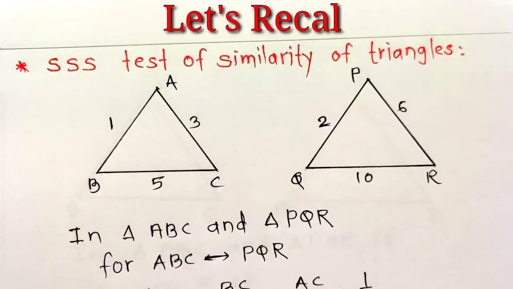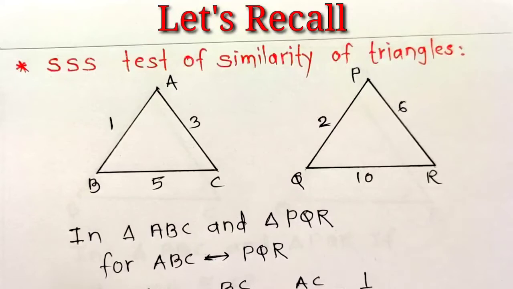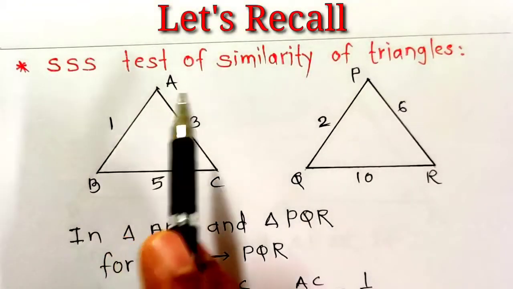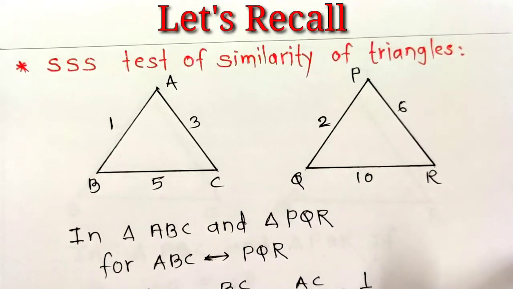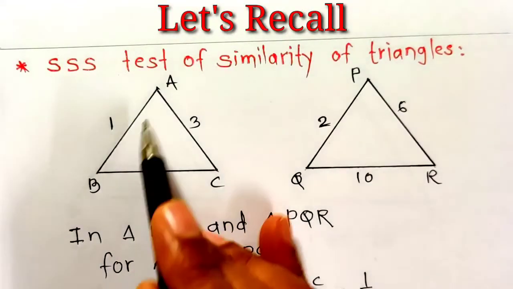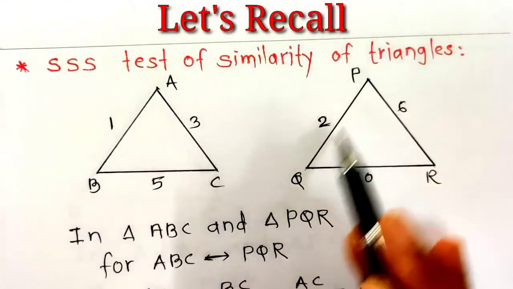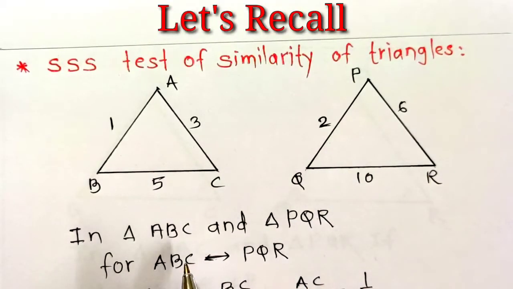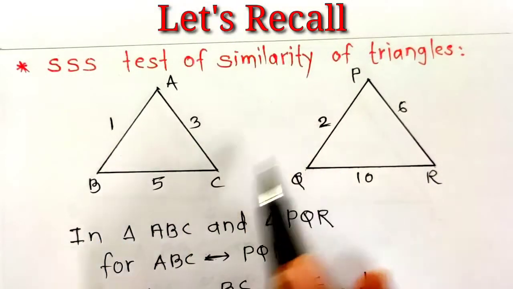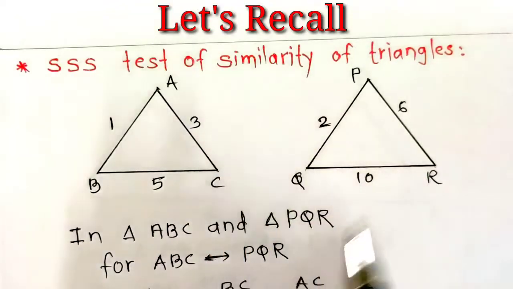Now let us see the third test or last concept, that is SSS test of similarity. That is so easy. Here in triangle ABC and triangle PQR, the length of sides are given 1, 2, 5, 10, 3, 6.